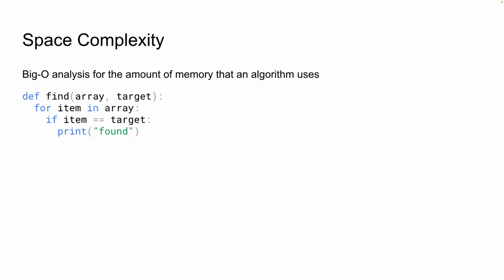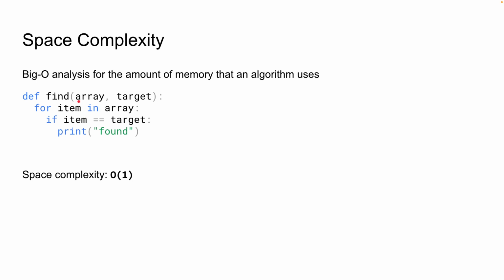Finally, I want to touch on space complexity, which is just Big O analysis for the amount of memory that an algorithm uses, because that is important as well. All the same concepts from time complexity apply here. For example, we have our find function. The space complexity is O of 1 because, well, it just creates a couple of pointers and it's going to create the same number of pointers regardless of the size of the input.